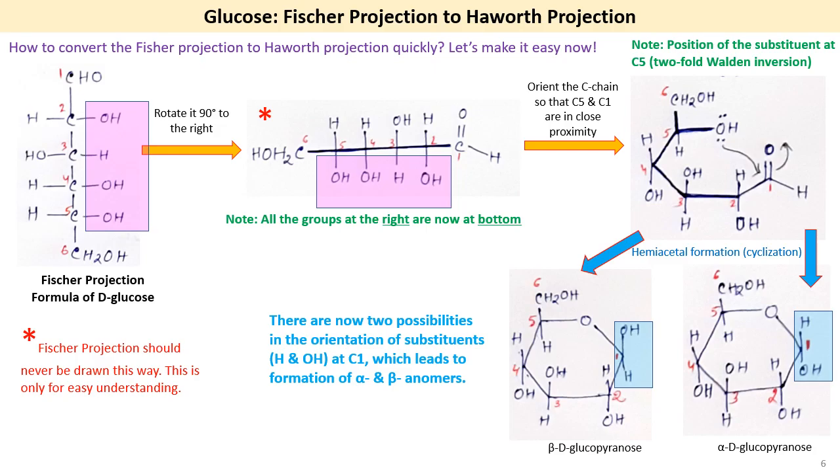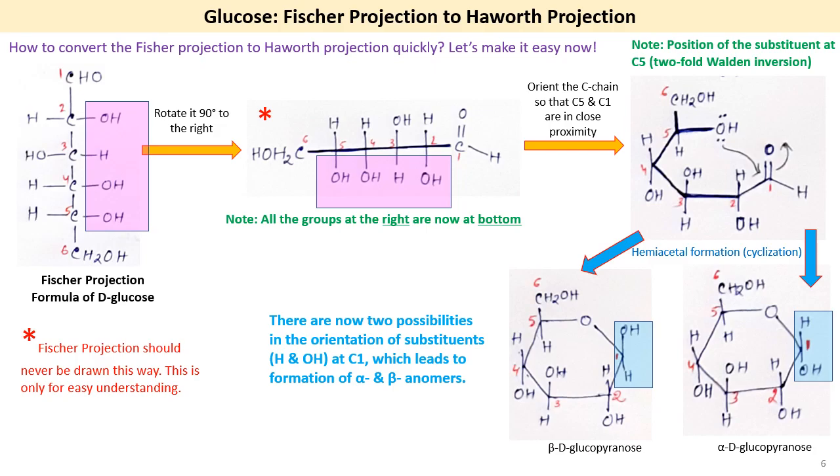You draw the Fischer projection formula, the common Fischer projection formula, rotate it to the 90 degree, rotate it at 90 degree to the right. All the groups at the right hand side now going down. So you can remember it as right down or right bottom. And you have to just convert this, orient this carbon chain in this way.